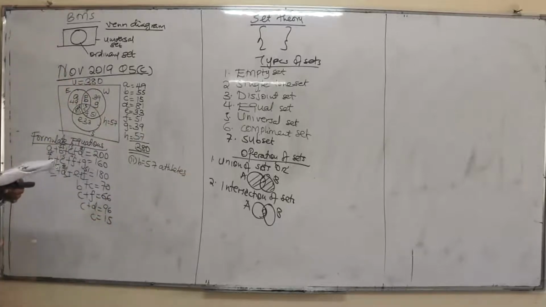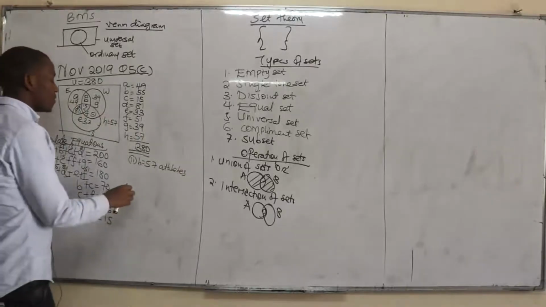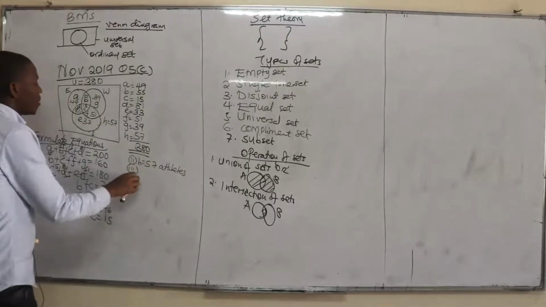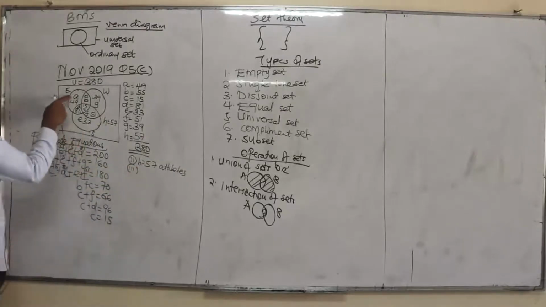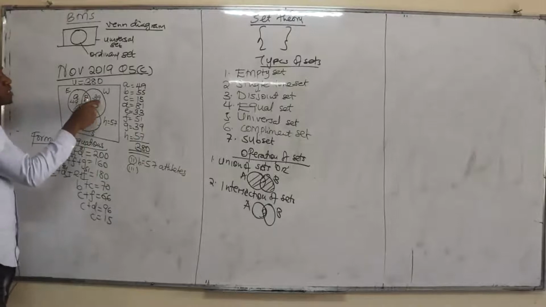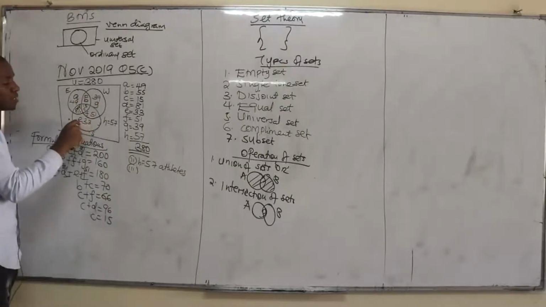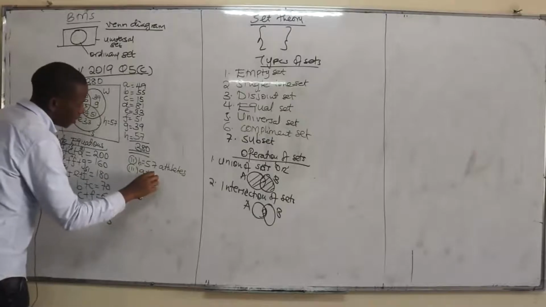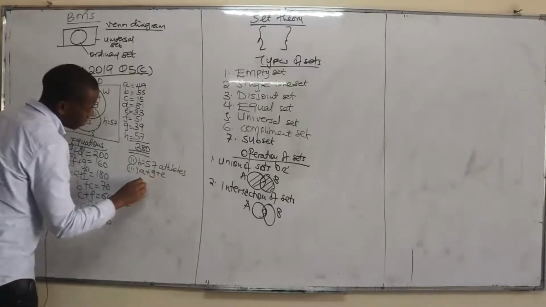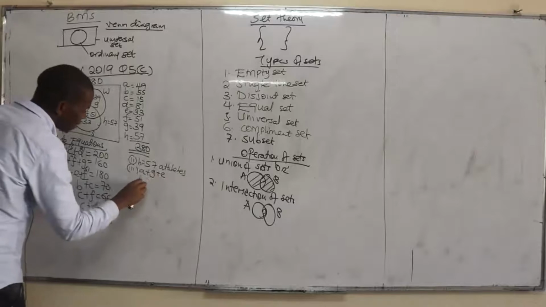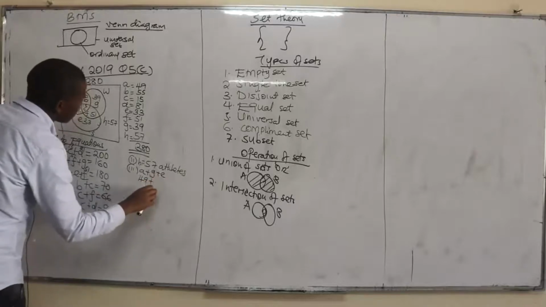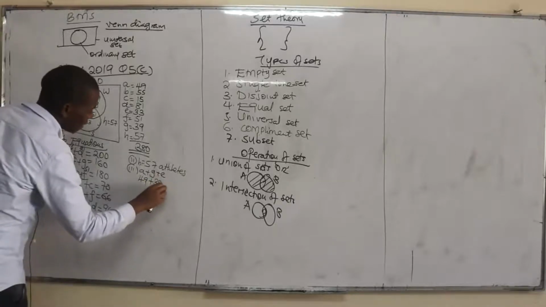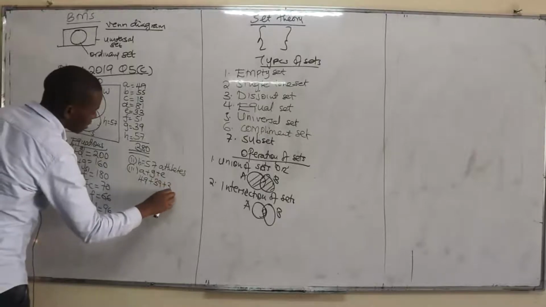Then we also need the number of athletes that represented only one region. The number of athletes that represented only one region is for A, G, because they don't represent all the other regions, and E, that is A, G, and E. And for A in this case is 49, G in this case is 39, and E in this case is 33.